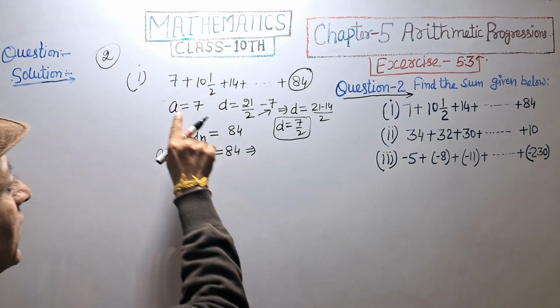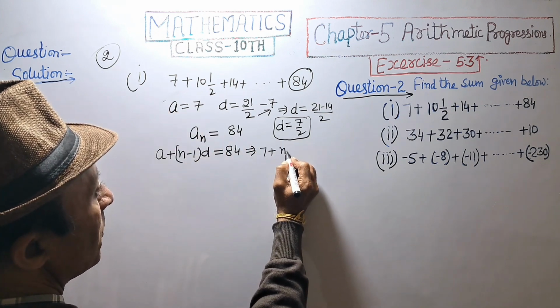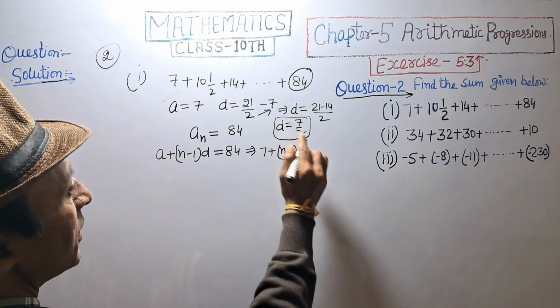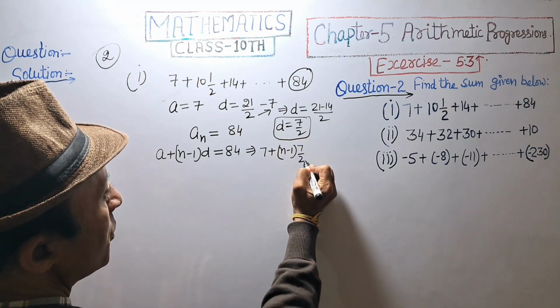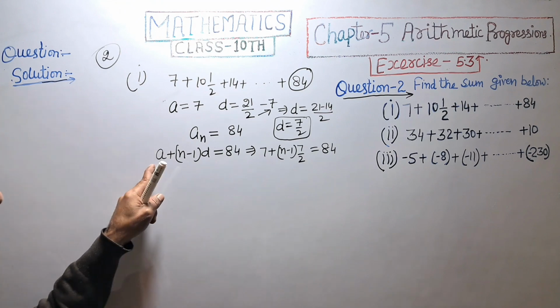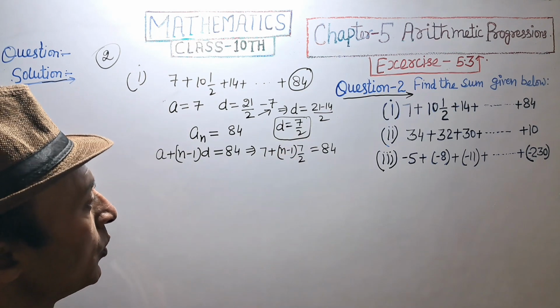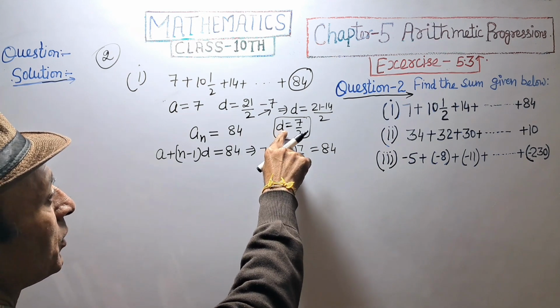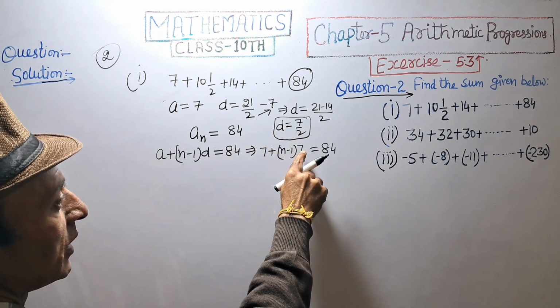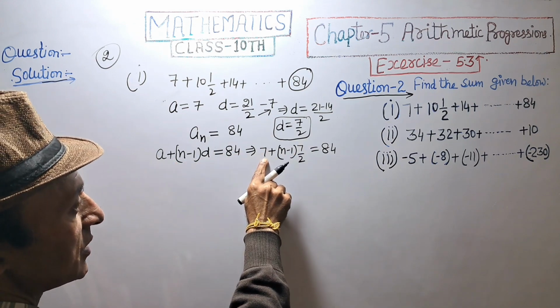This implies A is 7, plus (N minus 1) into D, where D is 7 upon 2, is equal to 84. Here A is 7 and the common difference is 7 upon 2, so we put the value of D as 7 upon 2 and A as 7.